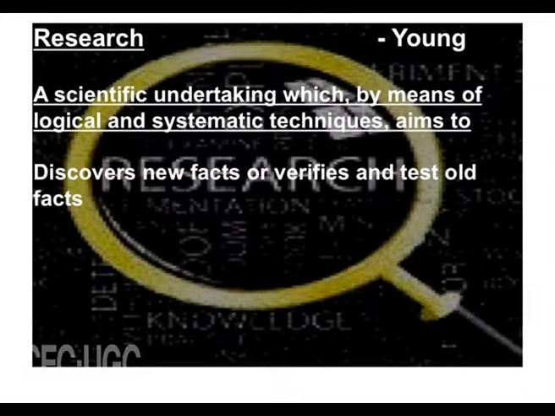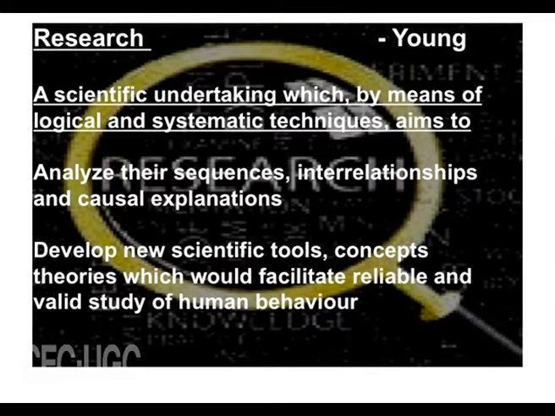a. discover new facts or verify and test old facts, b. analyze their sequences, interrelationships and causal explanations, c. develop new scientific tools, concepts and theories which would facilitate reliable and valid study of human behavior.